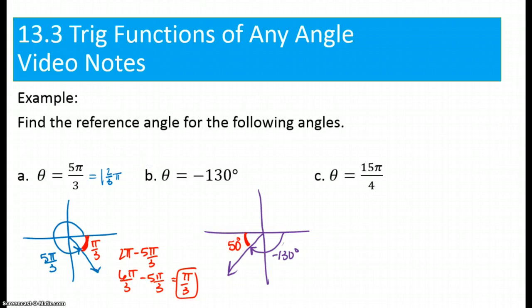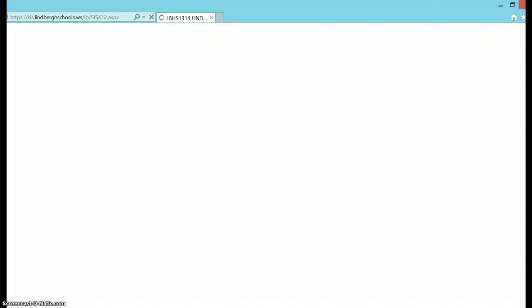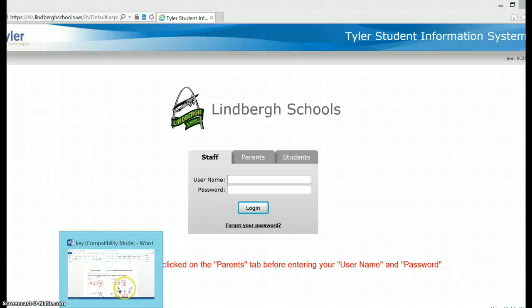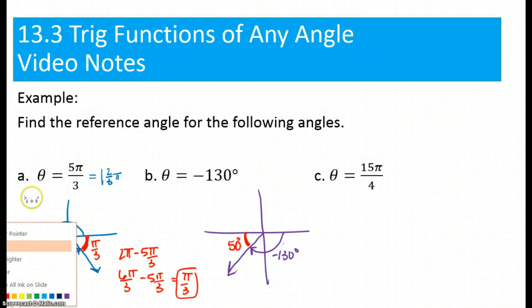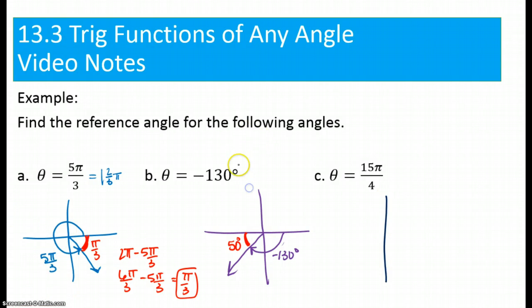All right, let's do one more. Sorry, my computer is crazy. Here we go. One more. If I have 15 pi over 4. So 15 pi over 4, well, where's that going to be? 4 goes into 15 how many times?